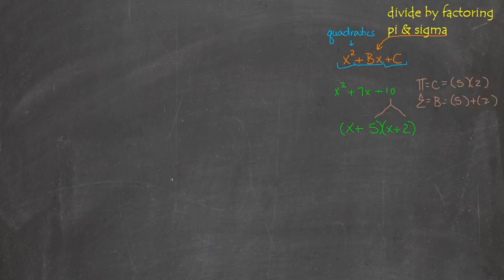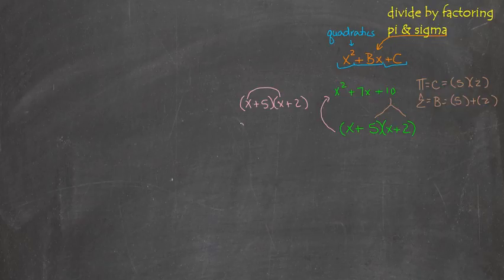You want me to prove it? You should say yes, because this is algebra. You should make me prove it. Let's check it by multiplying the factors back in. So I'm going to take x plus 5, and multiply it by x plus 2. If I've properly factored this polynomial, then when I multiply the two factors, I should get back to the polynomial.